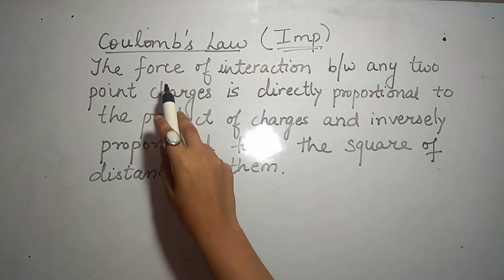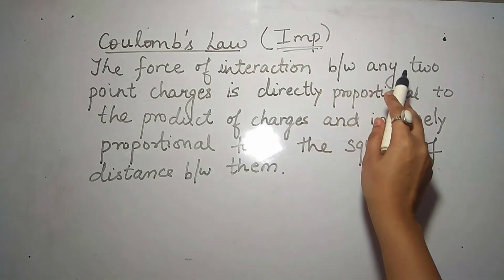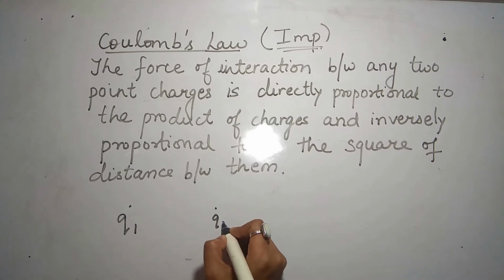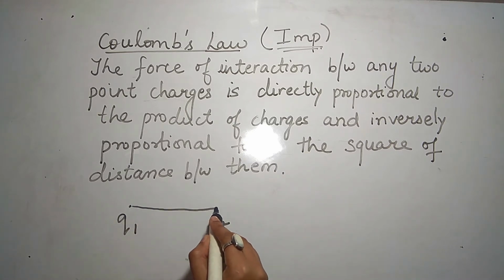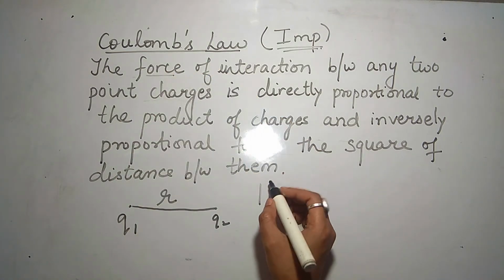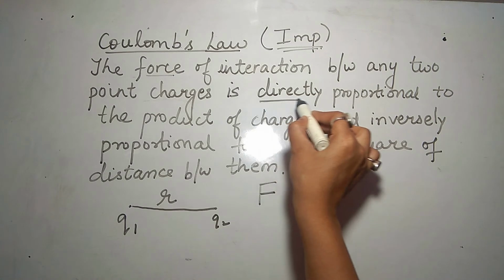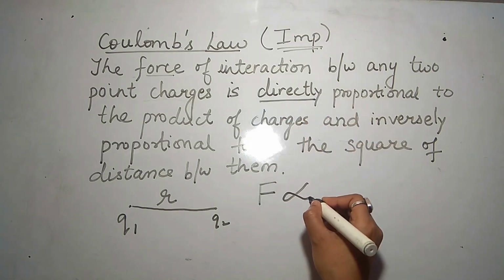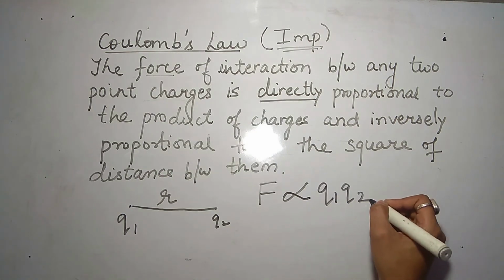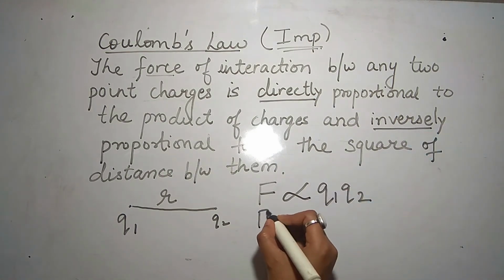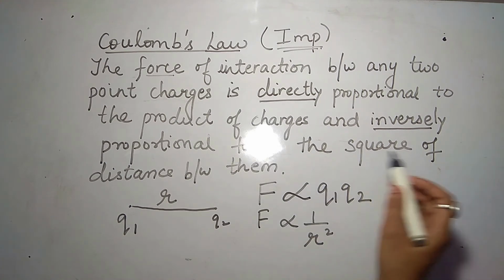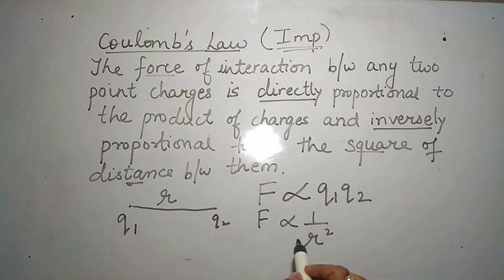It states that the force of interaction between any two point charges, suppose these two are point charges and the distance between them is r, is directly proportional to the product of the charges and inversely proportional to the square of the distance between them.